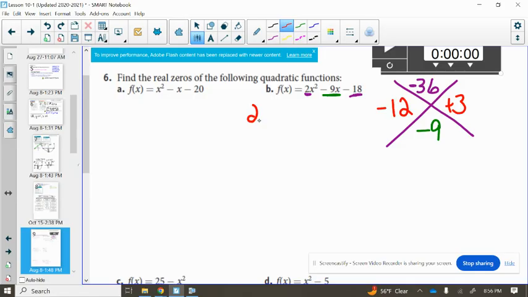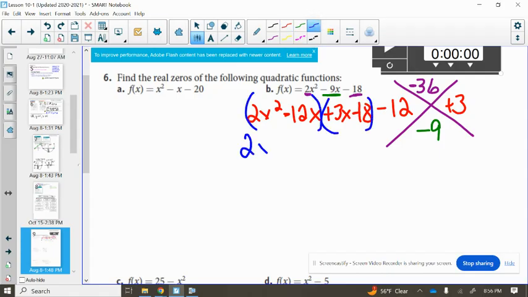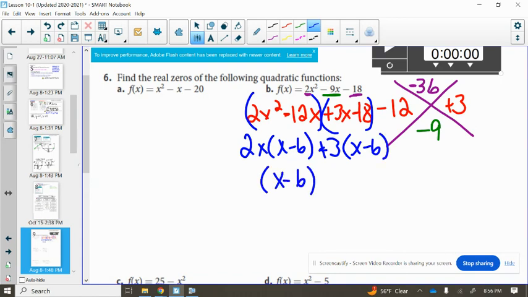So we can take this middle term of -9x, break it up to be -12x and +3x, and then we have that minus 18, and we group, pull out our GCFs, and find our common factors here. Notice both of these have a factor of x minus 6, and then we have 2x plus 3 as the other factor.